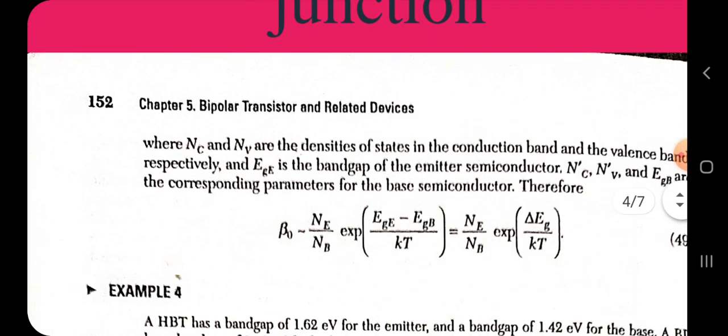Here Nc and Nv are the densities of states in the conduction band and valence band respectively, and Ege is the band gap of the emitter semiconductor. Nc dash, Nv dash and Egb are the corresponding parameters of the base semiconductor. Therefore, beta 0 is nearly equal to Ne by Nv exponential of Ege minus Egb divided by kT. This is equal to Ne by Nv exponential delta Eg by kT.